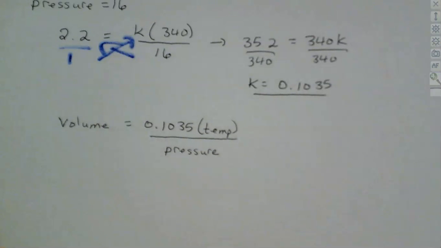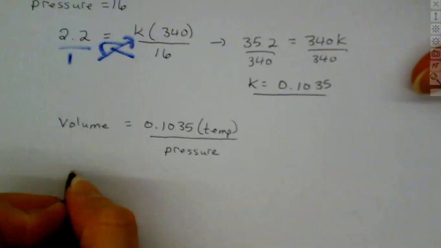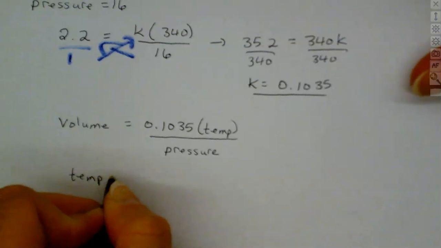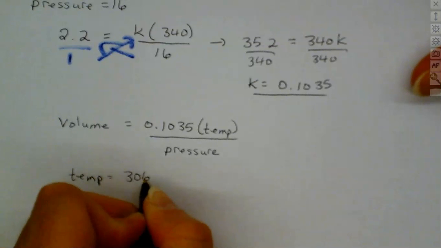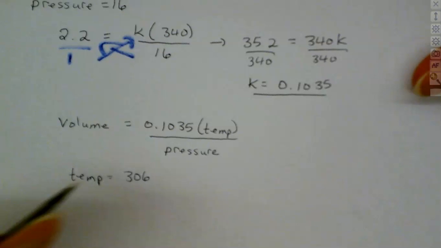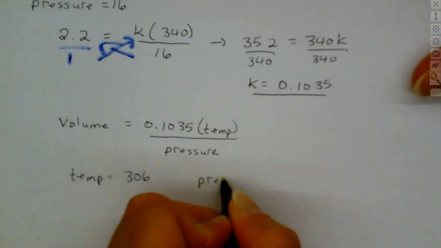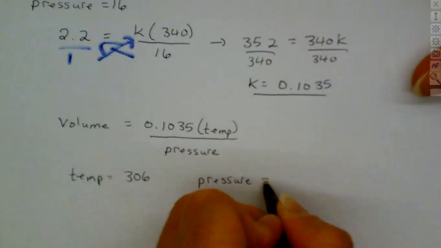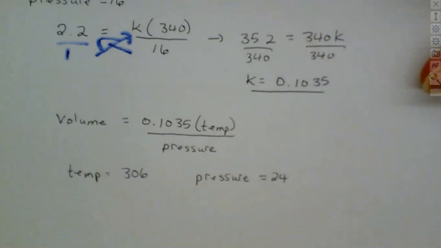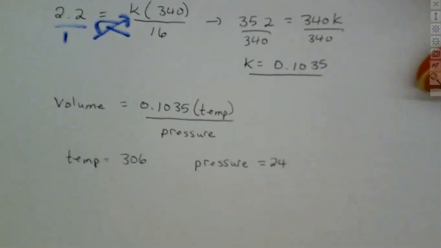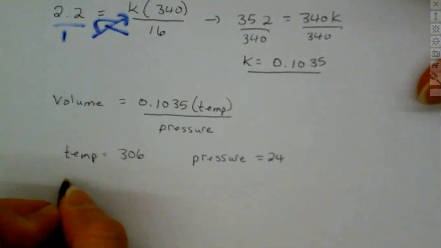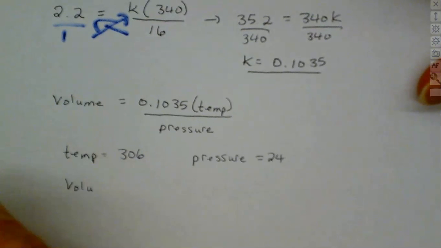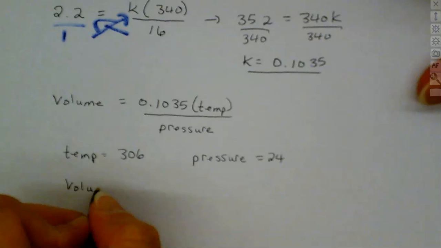Now, what do we know here? We need to find the volume when the temperature is 306 and the pressure is 24. Okay, so we now need to rework this and find the new volume when we change the pressure and we change the temperature.